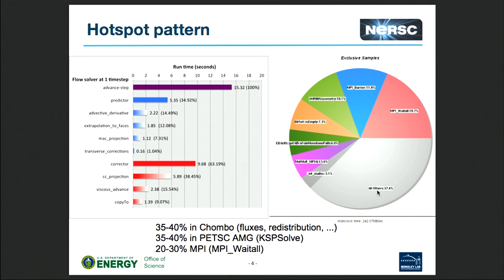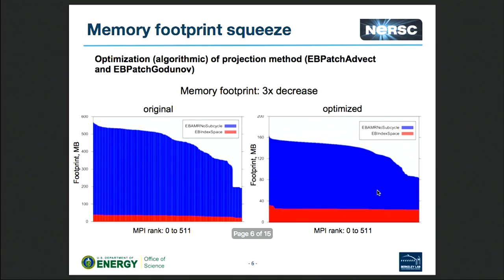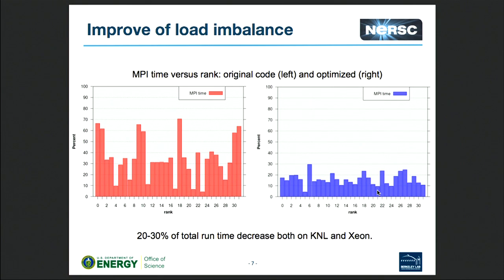The first optimization step. This is not the most recent version of the slides. Okay, the first optimization step was to reduce load imbalance. I tried different load balancing schemes which are available in the Chombo library.